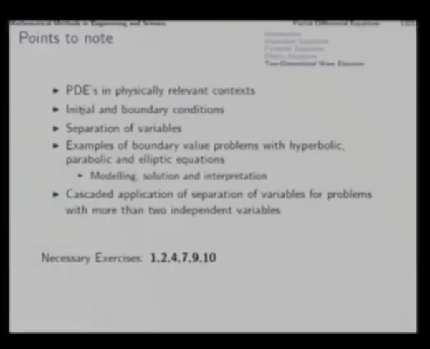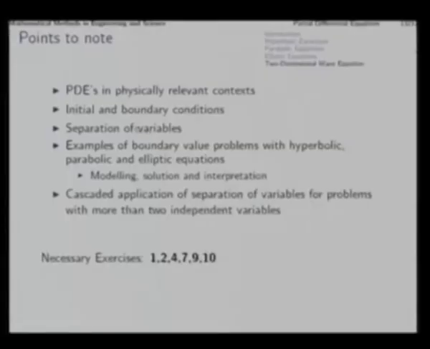In that, we have discussed the initial and boundary conditions, their meanings, and their different situations in the different kinds of problems that we apply them, and we have studied the separation of variables method.